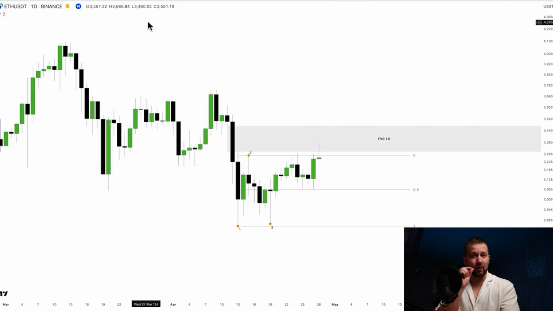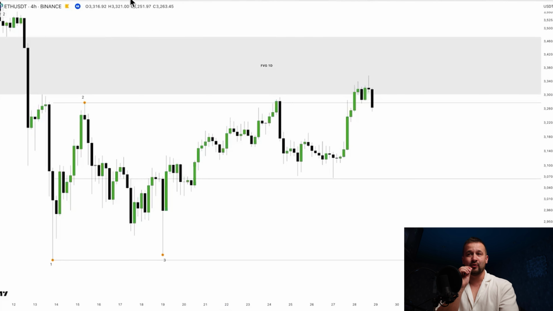Let's move on to the 4-hour time frame. In the current situation, a bearish formation is formed, which we analyzed in the video about imbalance. On this candle, it is confirmed because a true high-low update occurs. This is the breakdown of the structure.